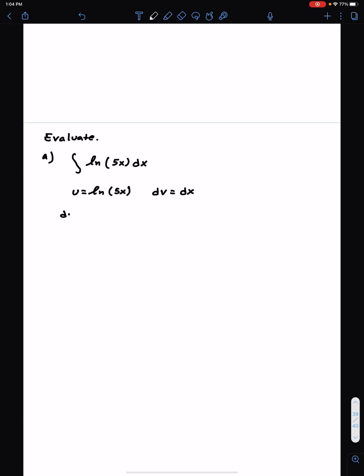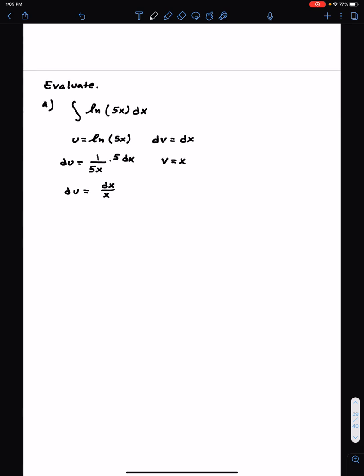So the differential du is 1 over 5x times 5 dx, 1 over the inside times the derivative of the inside. So du is equal to dx over x. If I integrate both sides with dv equals dx, I have v is equal to x.